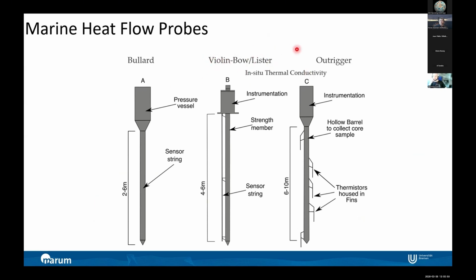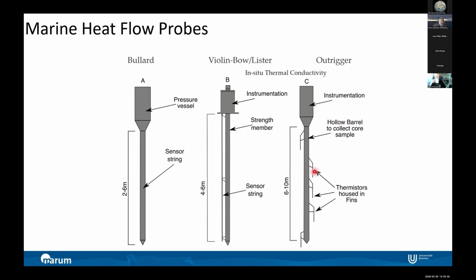And we have the Lister probe and the outrigger ones. So both of them can, apart from the temperature measurements in the sediment, also measure in situ thermal conductivity. So the Lister or the violin bow type, you have a strength member, so a steel tube, and on the steel tube there is a sensor string mounted, which contains the thermistors or the temperature sensors along the strength member, and these can vary for all three different probe types between 3 to 6 meters.